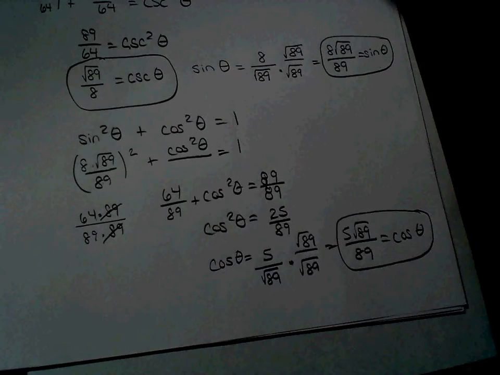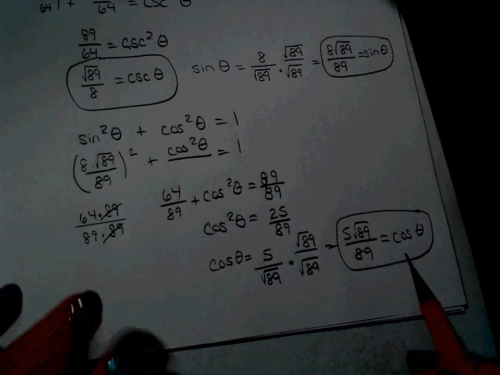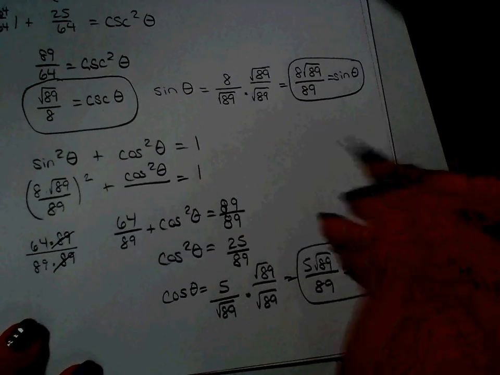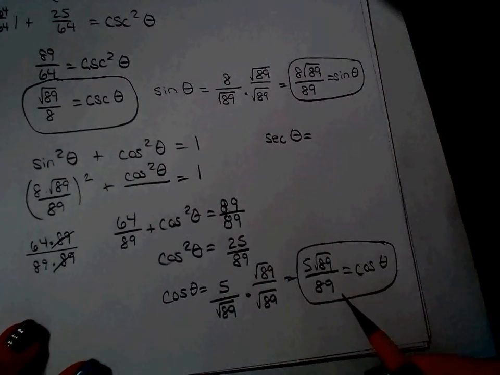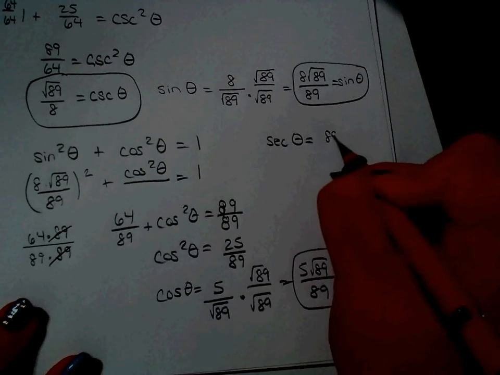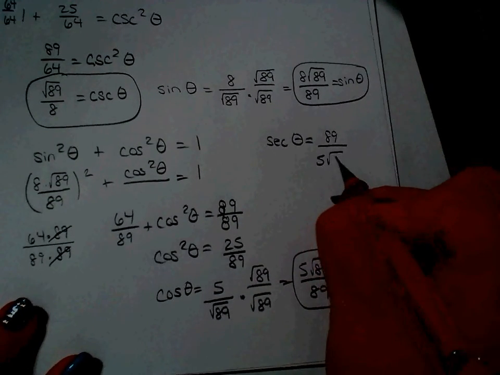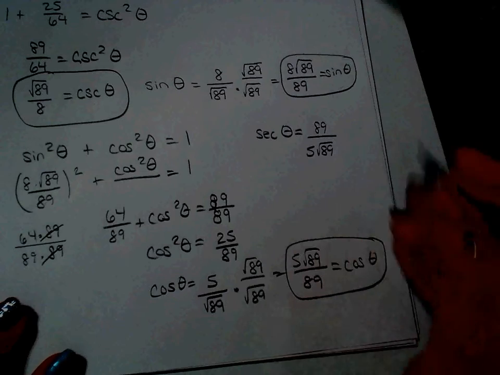Now I have 5 of the 6. I only lack 1. The one that I lack is secant. And so with secant, you need to flip cosine. So when I flip this, I'm going to get 89 over 5 square root of 89.